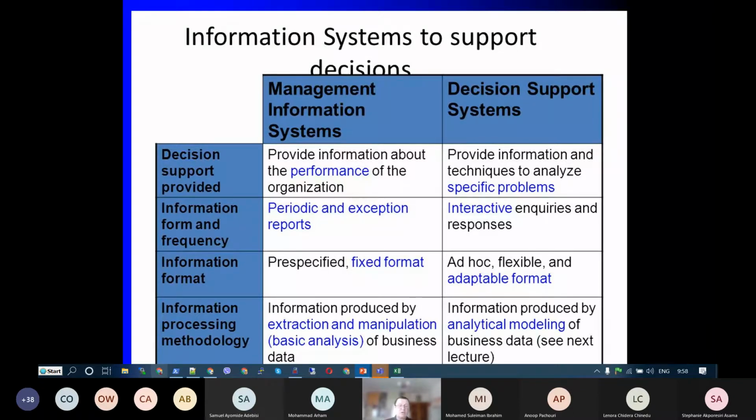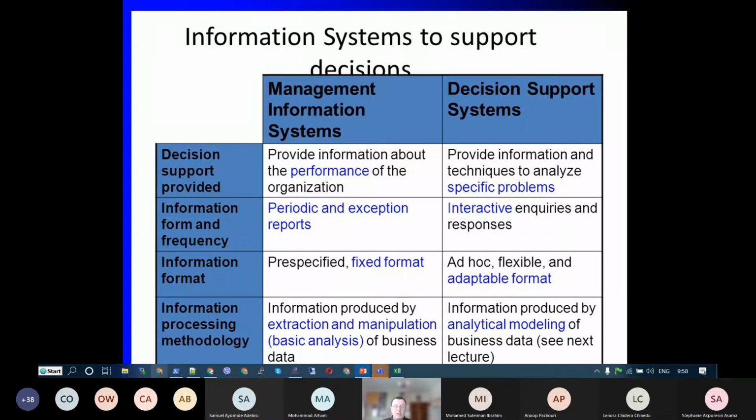As for information form and frequency, management information systems concentrate on various periodic exception reports, like weekly, monthly, or yearly performance, and so on. Decision support systems are interactive inquiries and responses about a specific case, about a specific patient.